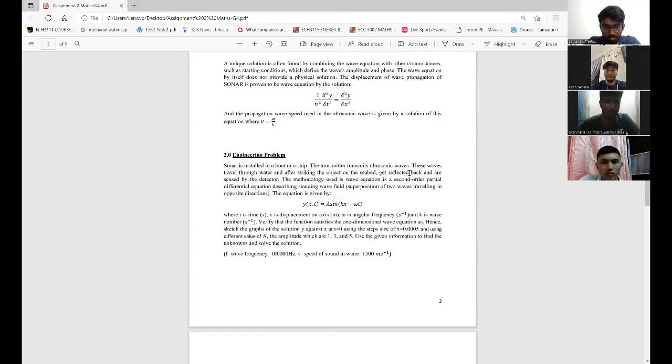Hence, sketch the graph of the solution y against x at t equal to 0, using a step size of x equal to 0.0005 and different values of A, the amplitude, which are 1, 3 and 5. You need to use the given information to find the unknowns and solve the solution. That's all from me.